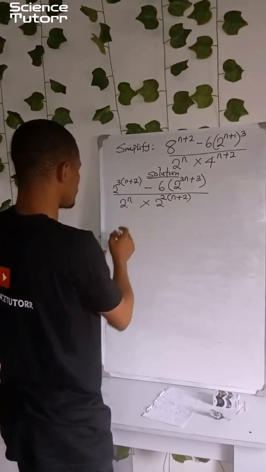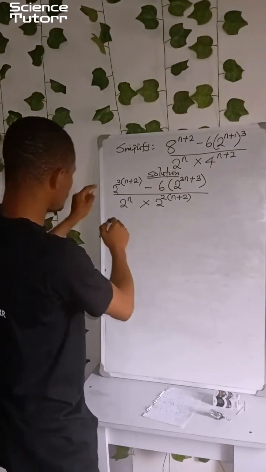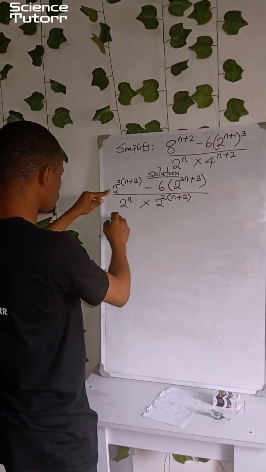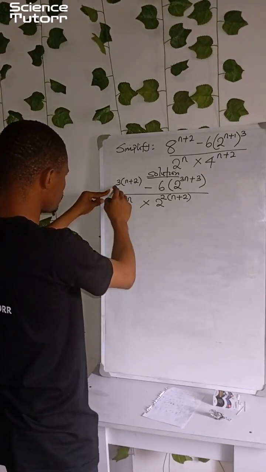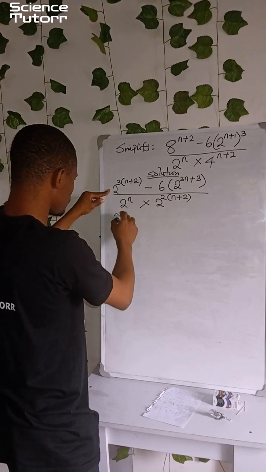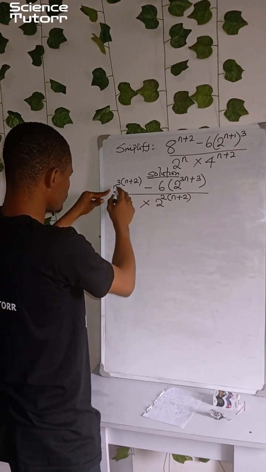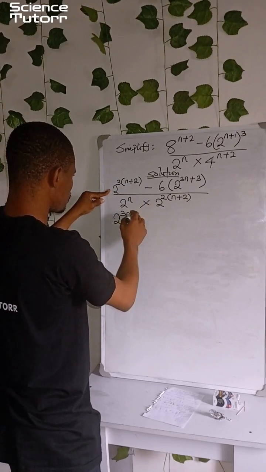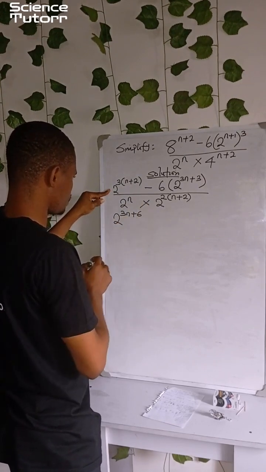So let's rewrite this again. From here we have 2 raised to power, these are power, so 3 times n gives us a 3n. 3 times 2 gives us a 6.